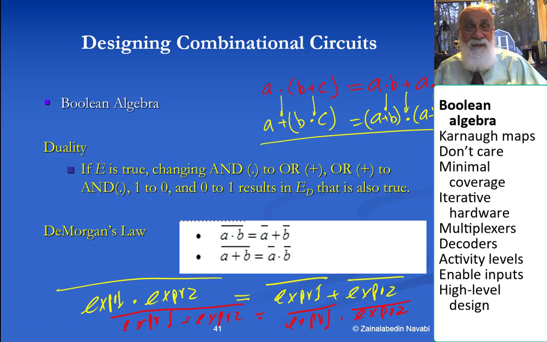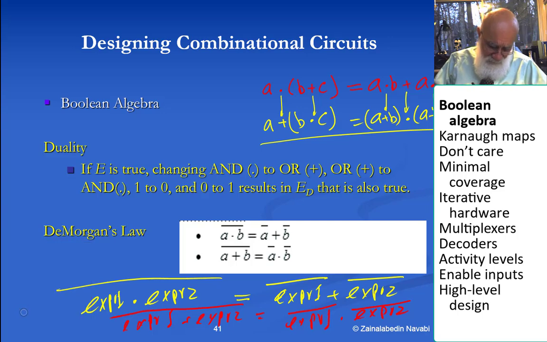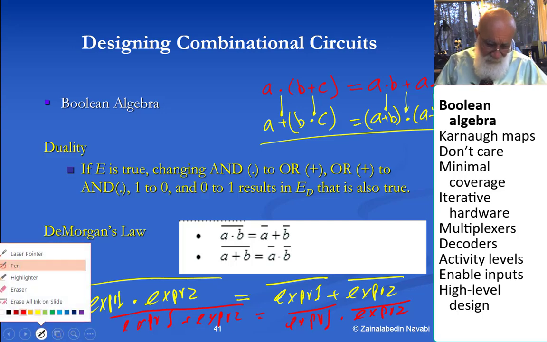And De Morgan's law, again, it has a dual, and you can hierarchically apply that. For example, let's look at this. Let's write it in yellow.